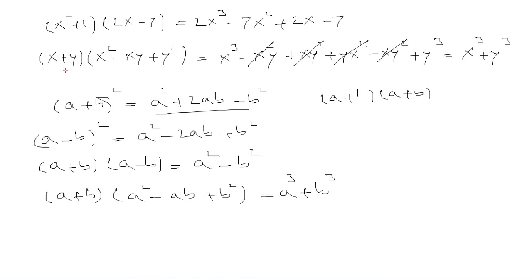So here you see an example of that. And the last one is a minus b times a squared plus ab plus b squared, which gives you a to the power of 3 minus b to the power of 3.